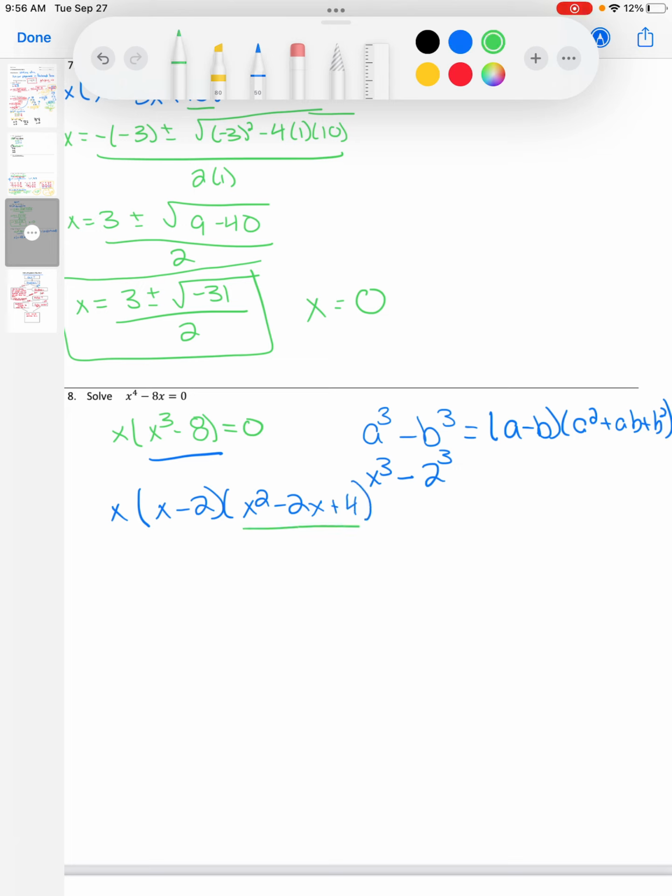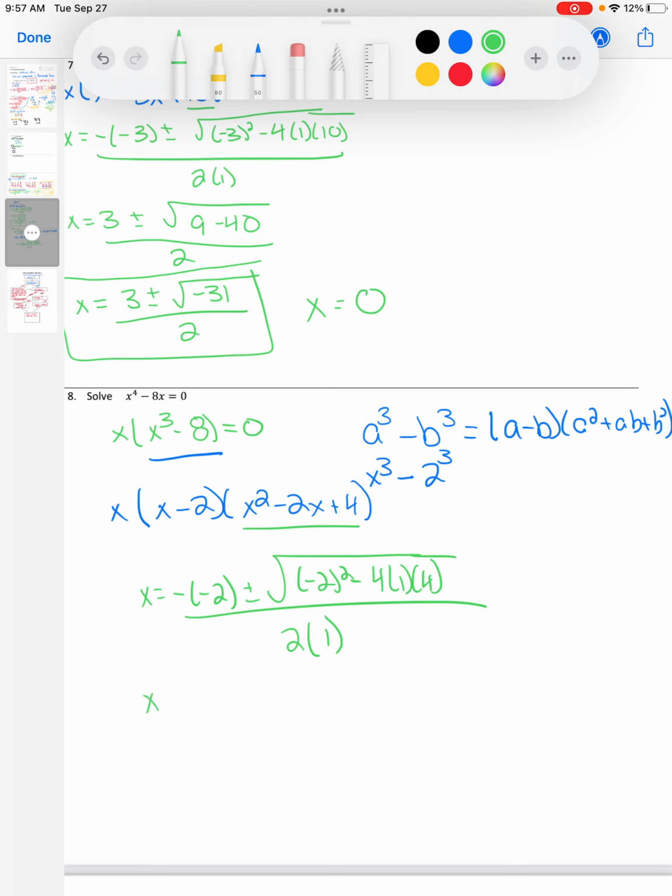Now that we have a quadratic, is that factorable? Are there two things that add to negative 2 but multiply to 4? No. So what do we have to do? Our quadratic formula. So x is equal to negative b, so negative negative 2, plus or minus the square root of b squared minus 4ac, all over 2a.